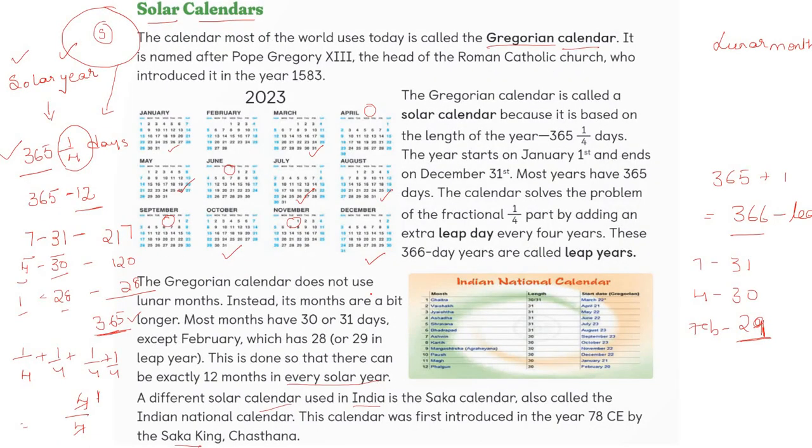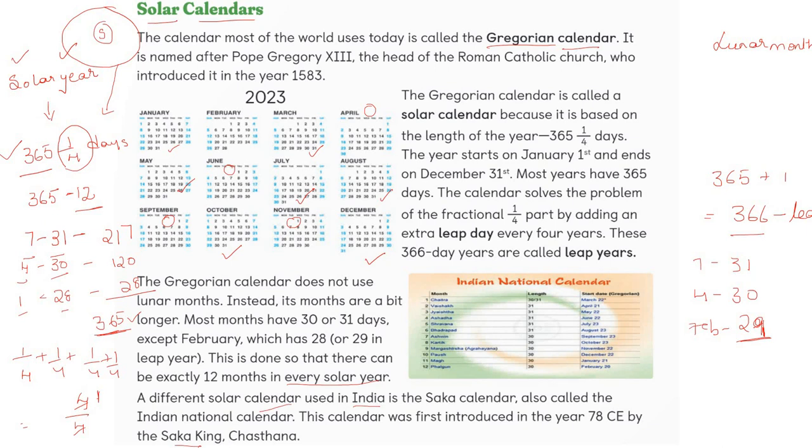So Indian national calendar is a solar calendar or lunar calendar? Solar calendar. What is solar calendar? Calendar based on solar year. What is solar year? Time taken by Earth to revolve around the Sun. How many days will the Earth take? 365.25, that is 365 1/4 days.